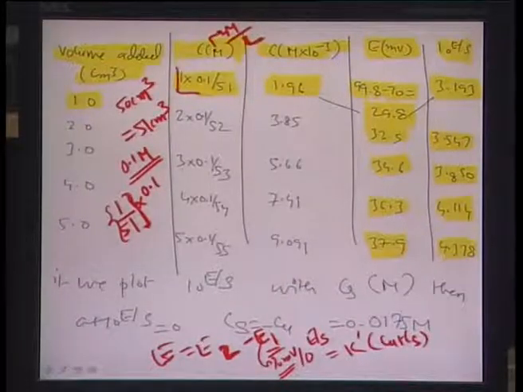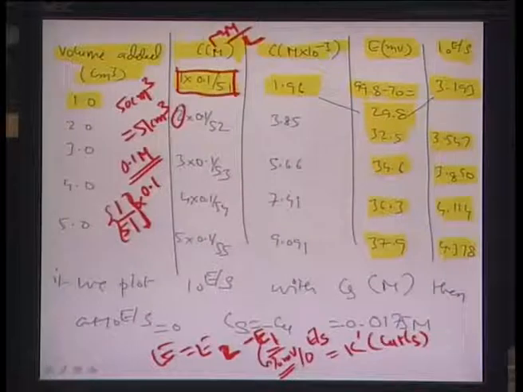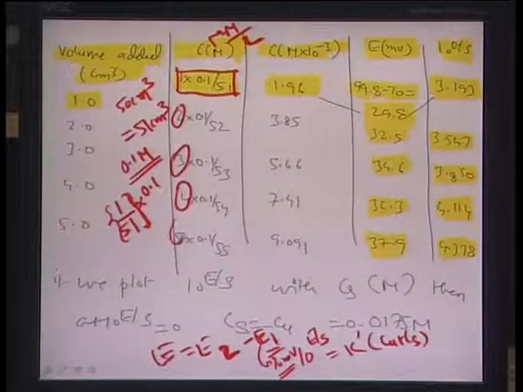So, effectively the number of moles added because of this addition comes out to be 1 times 0.1 by 51. As you keep on increasing, you add 2 centimeter cube, 3 centimeter cube, 4 centimeter cube, 5 centimeter cube.